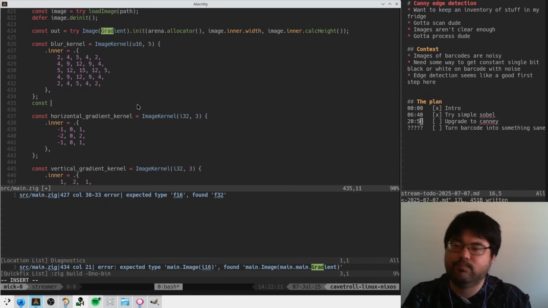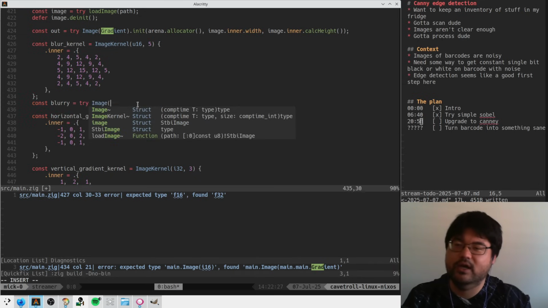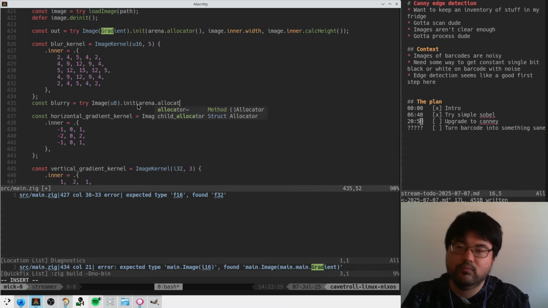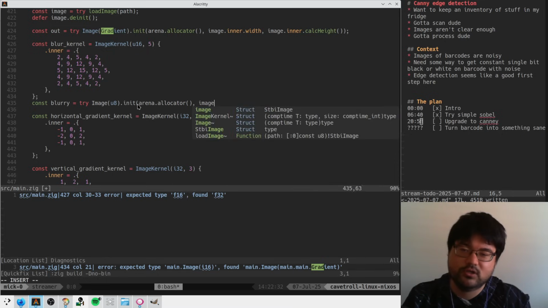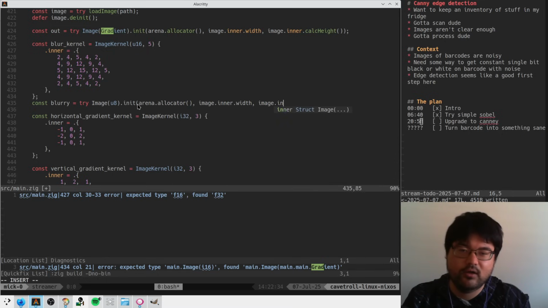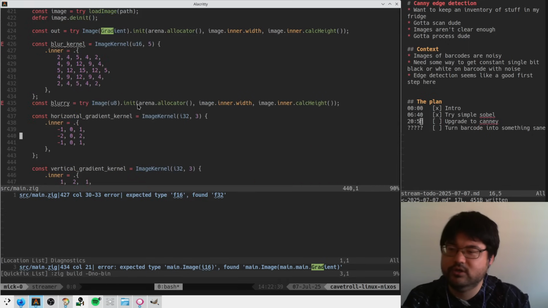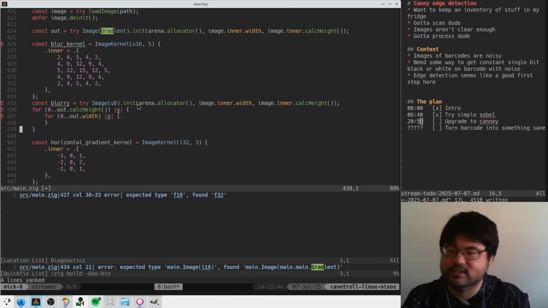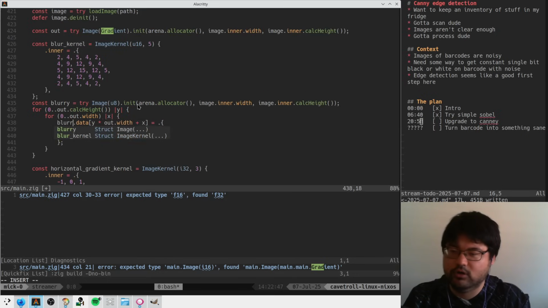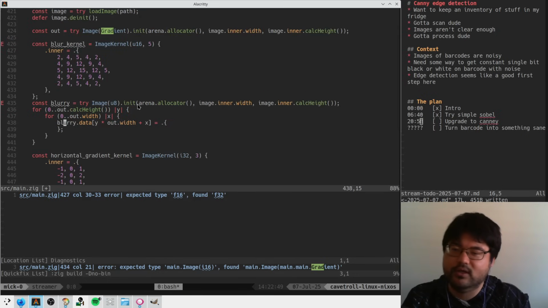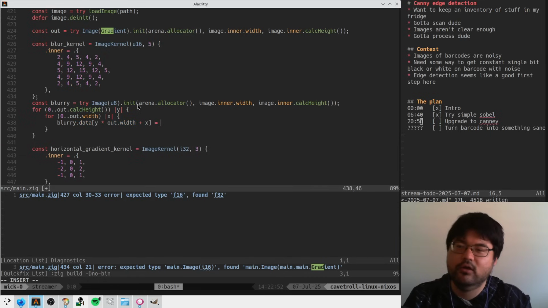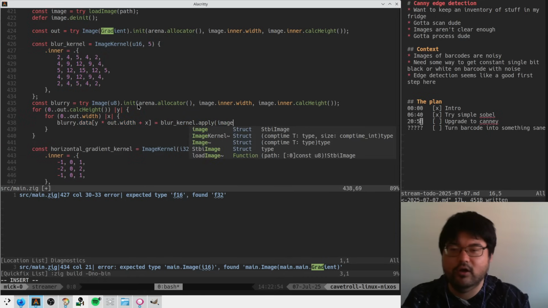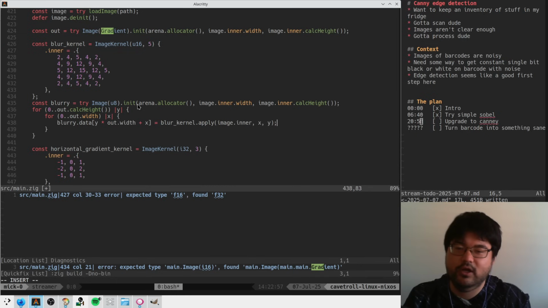So blurry is image. We copy this and rip the image. And the output of this in blurry is just probably blur kernel apply on image XY.